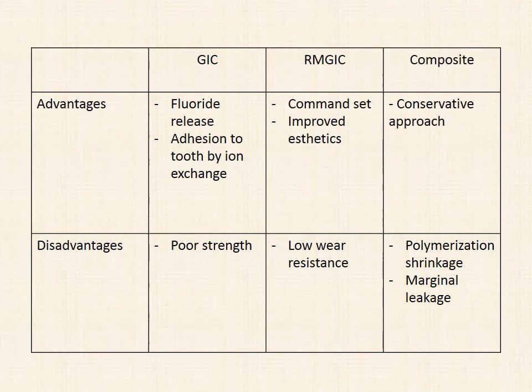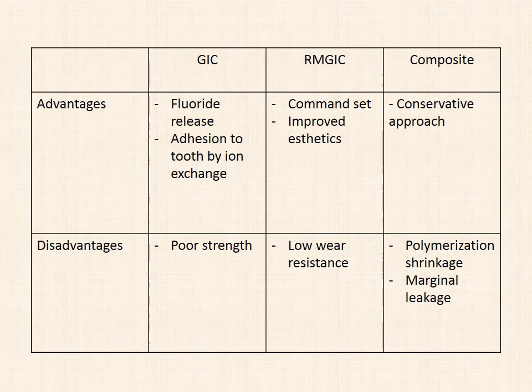While the disadvantage of GIC is poor strength, the RMGIC has low wear resistance, and composite has polymerization shrinkage and marginal leakage. So all these restorative materials have some advantages and disadvantages.